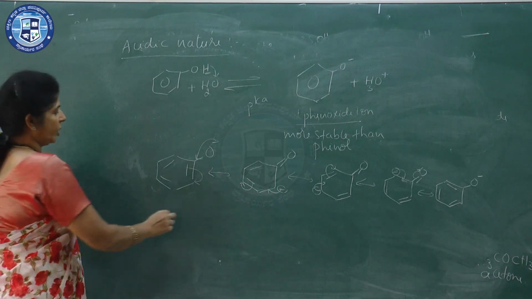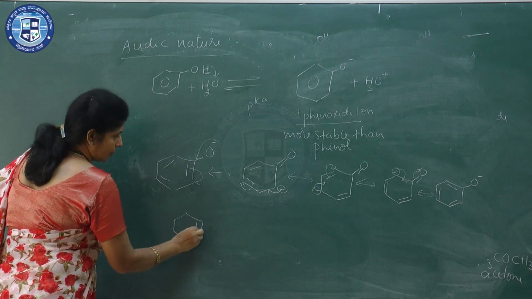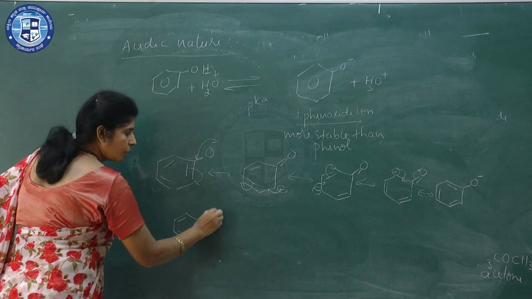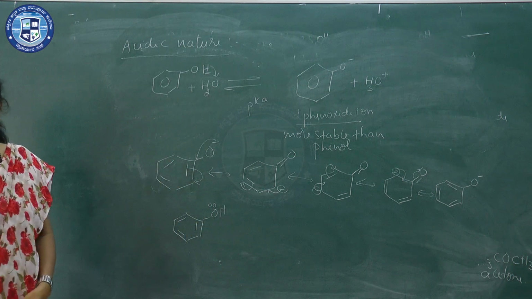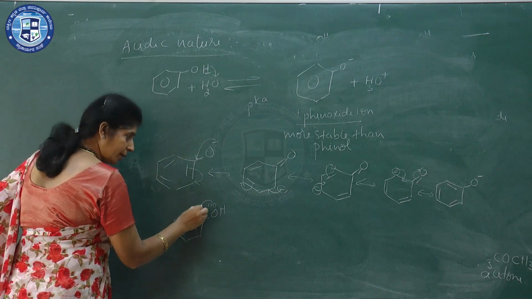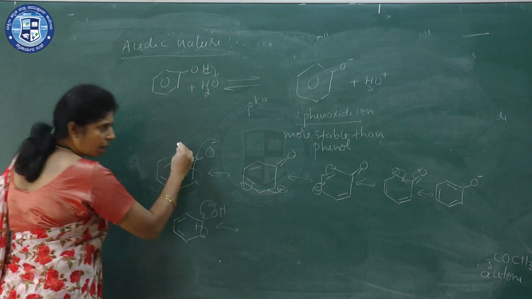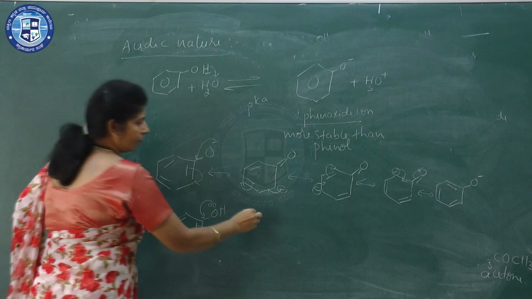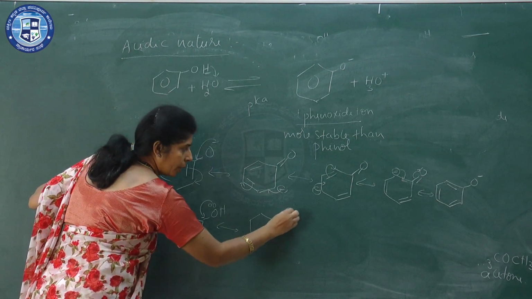Now come to the phenol case. Can't we write the resonance structures for phenol? We can, because the oxygen atom has a lone pair of electrons and that is shifted here. When this is shifted to the corner, we get almost 5 types again. The resonance structure has a double bond here.